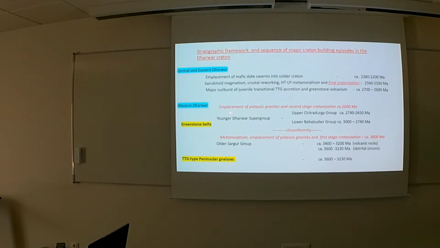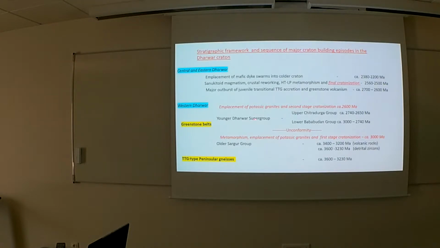In that, there are two distinct greenstone sequences: the older, stratigraphically known as the older Sargur group, and the younger Dharwar supergroup. In the older Sargur group, the volcanic rocks have been dated 3,400 to 3,200 million years, whereas zircons from the interlayered sediments have been dated 3,600 to 3,230. If you look at this range, it is more or less similar to the ages of the TTGs.